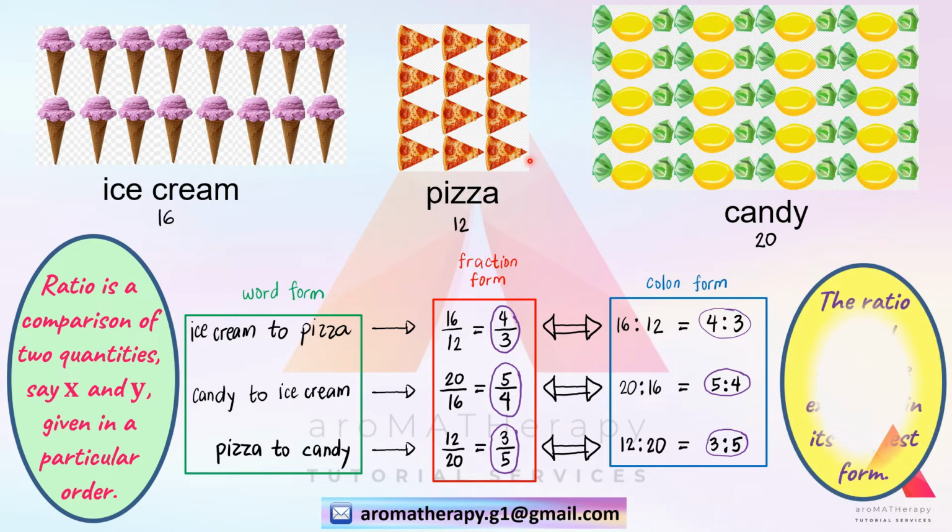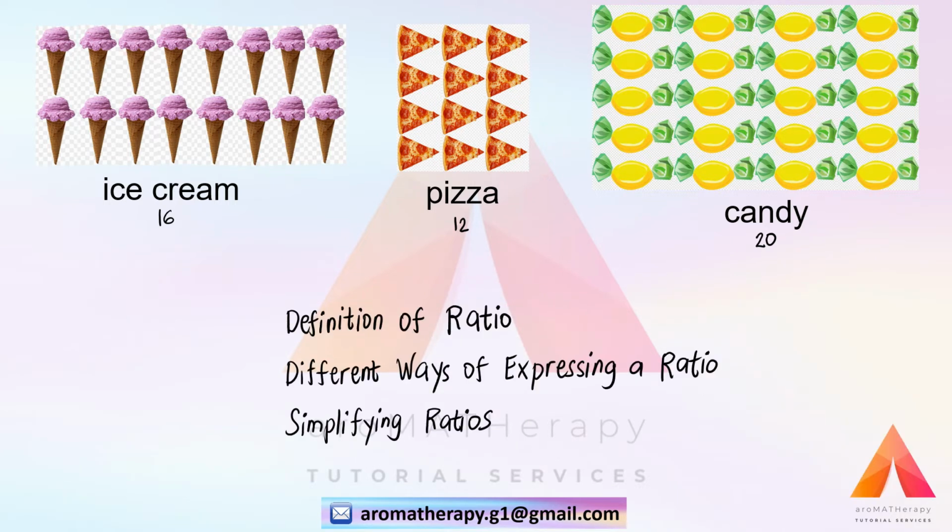So therefore, take note of this. The ratio should always be expressed in its simplest form. So can you now understand the basic concept of ratio? So using this illustration, we were able to tackle the following: definition of ratio, different ways of expressing a ratio, and simplifying ratios.